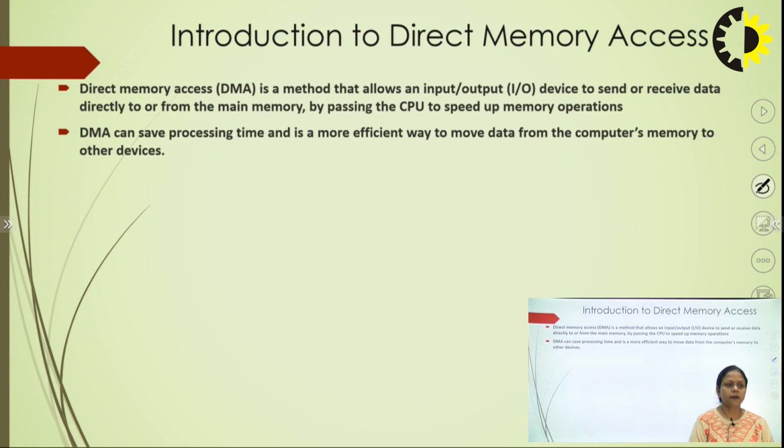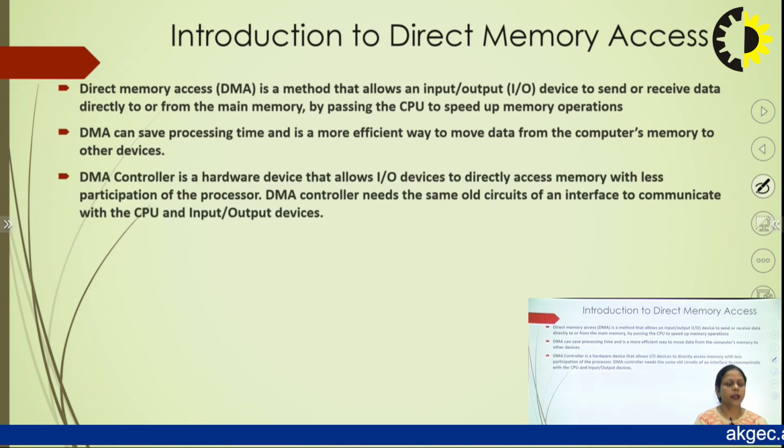Second, DMA can save processing time and is a more efficient way to move data from the computer's memory to other devices. So, this is the best mode of transfer to transfer data from the main memory to the input output device and from the input output device to the main memory. To perform the DMA transfer, we need a device known as a DMA controller.